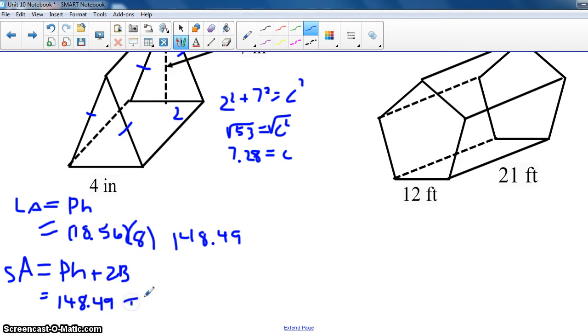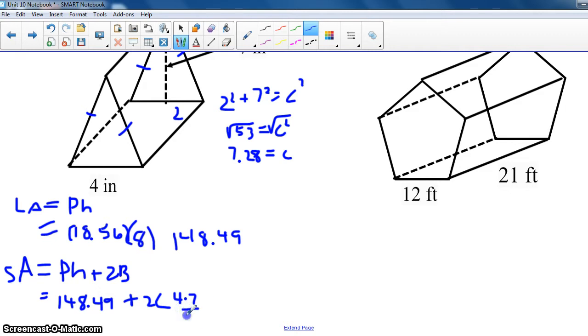So plus 2 times, now I need that big B, the area of my base. Remember, the area of a triangle is base times height divided by 2. The base and the height of my triangle I gave you in the problem.